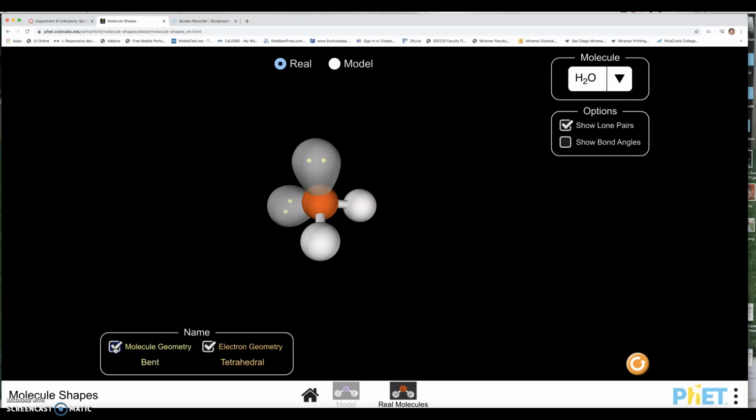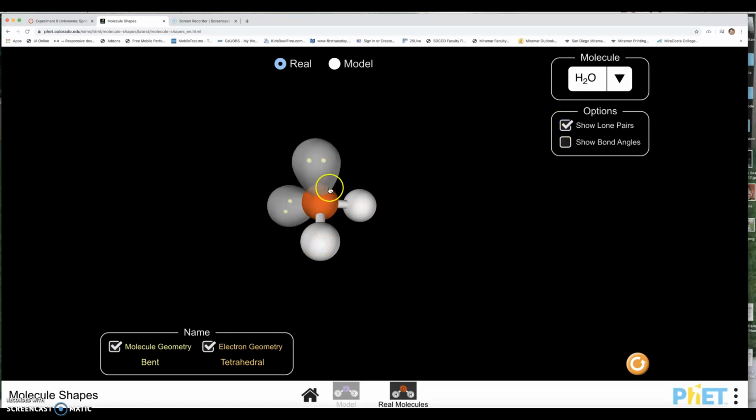But my molecular geometry is bent. Again, the molecular geometry is different than the electron geometry when the central atom has lone pairs, as in this case. What I also want you to see is you can remove the lone pairs, and again, the molecular geometry looks bent. So the key is the molecular geometry is different than the electron geometry when there's lone pairs.